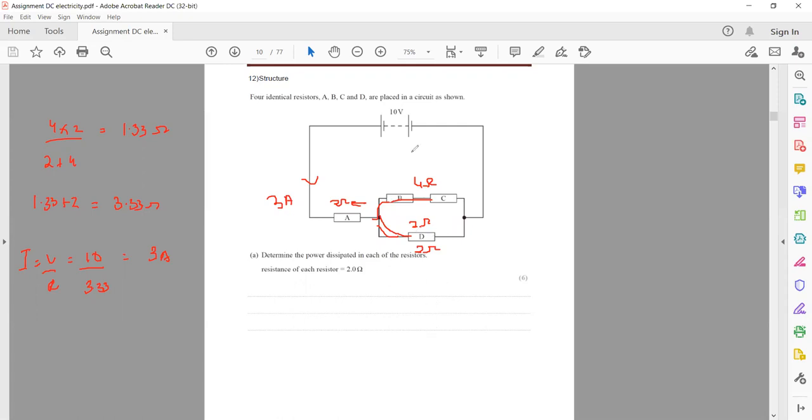Either we can find the voltage, as it is of 6 marks, like we know the combined resistance of this part, as the current will divide, the 3 ampere will divide accordingly. This branch has less resistance, so more current will be there. This will have more resistance, so less current will be there.